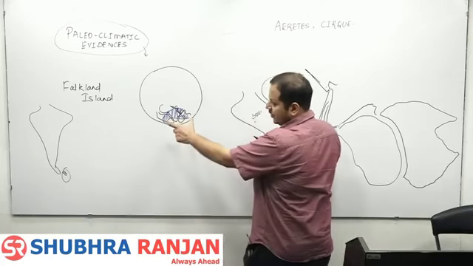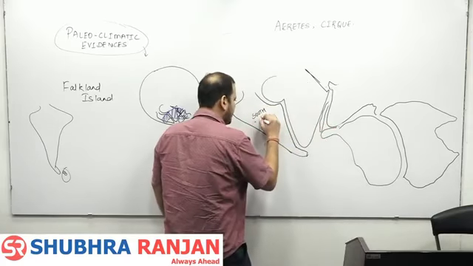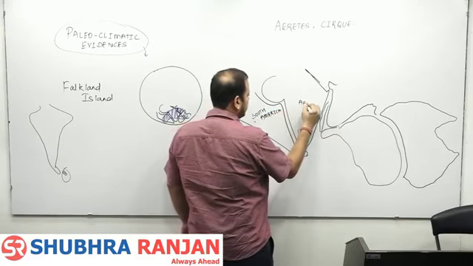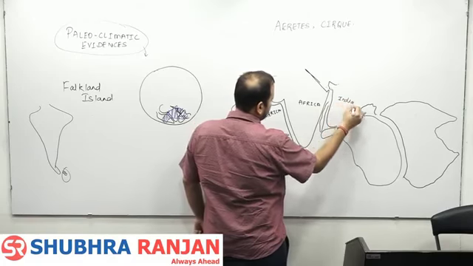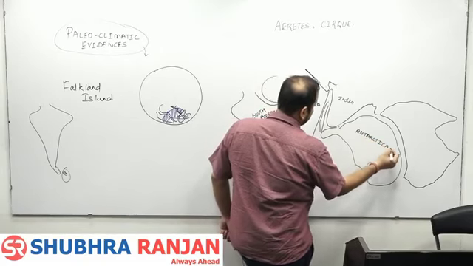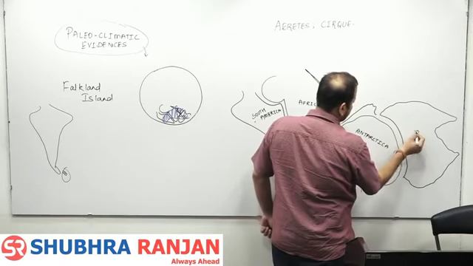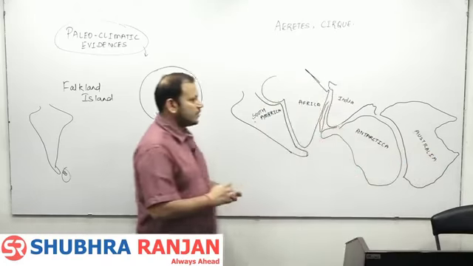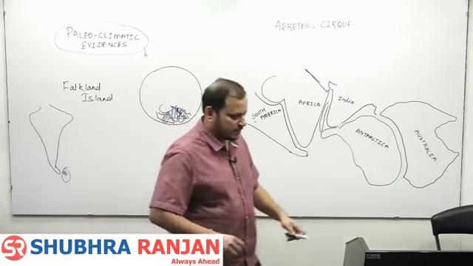Not this one. This is what Wegener had shown. We are going to draw a simple diagram here. This is how was the Gondwana landmass. Fine, and this is what we mean by the jigsaw fit of the continents.